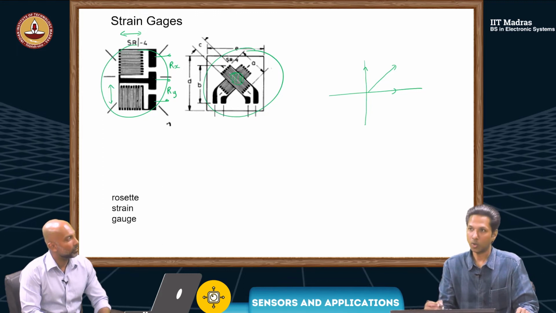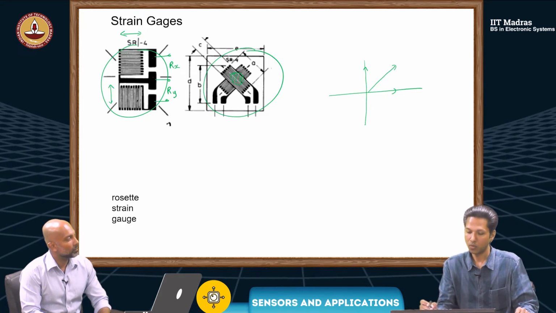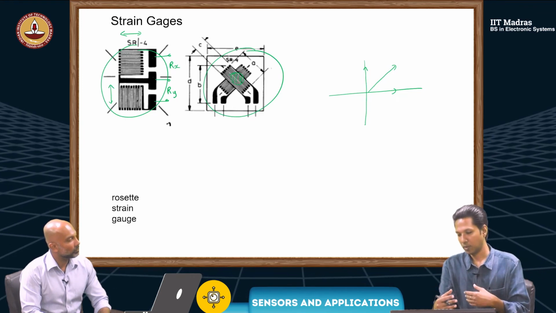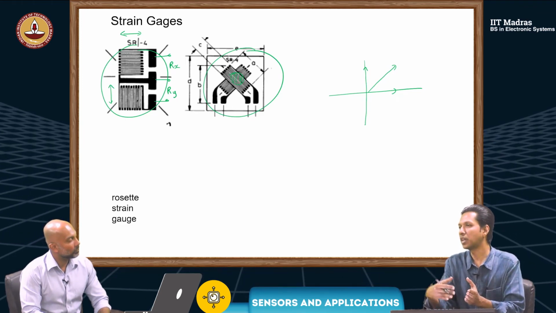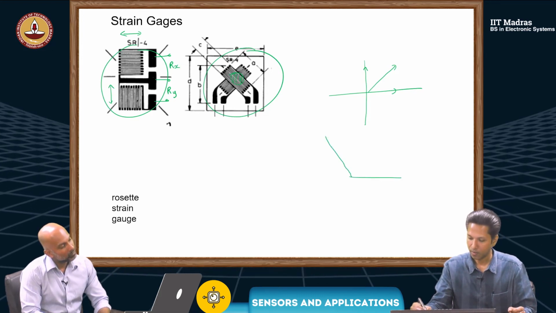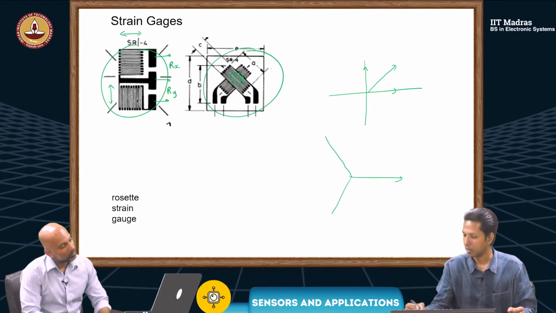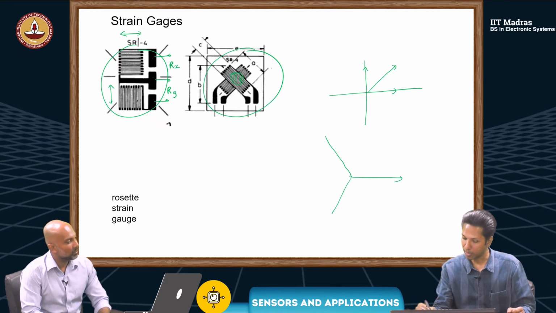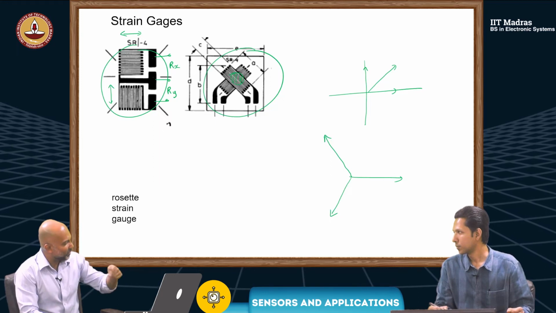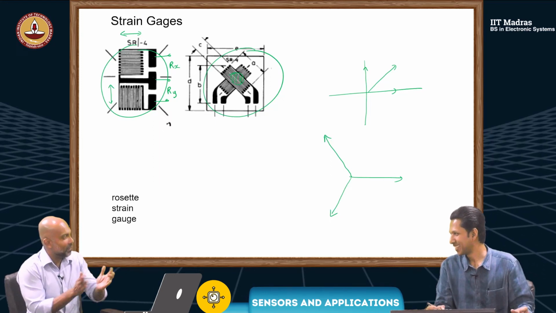Now, there are also other configurations where, this is 90 degree, you can also have maybe 3 at 120 degree directions. Something like this: a strain gauge sensitive to this direction, another one in this direction, another one this. I think this is what I was trying to get at before, asking if you can have multiple ones.